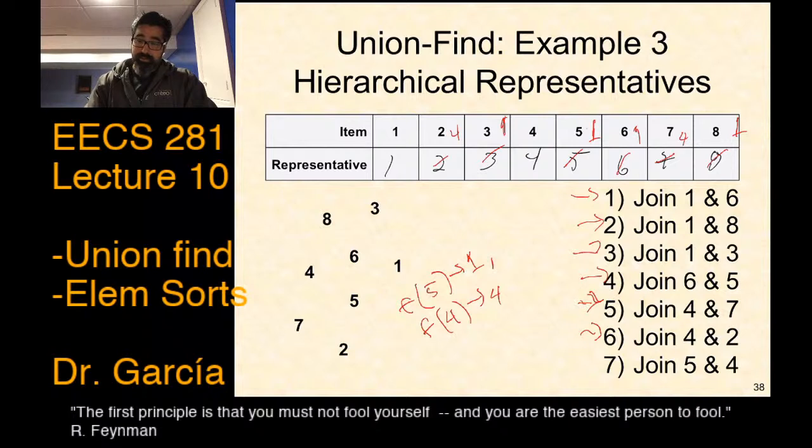So it would do find on 5, find on 6, which then gives me find on 1, and then eventually gets to 1. And then the union of 5 and 4 would just be, I make sure to set f of 4 to be 1.